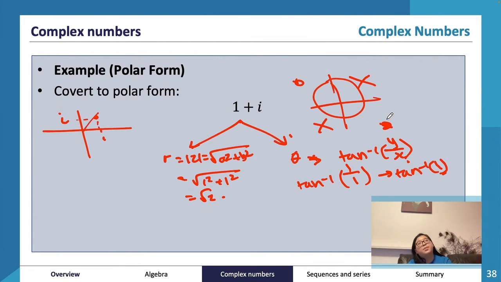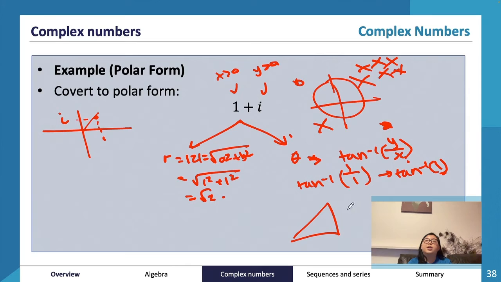So how would we predict this? We look back to the number we're trying to convert. It's 1 plus i, which means both are positive, so x is greater than 0 and y is greater than 0. That tells us it must be in this quadrant right here. So we use the first angle, and we think, when does tan equal 1? That's when we have the 1, 1, root 2, otherwise known as the pi on 4 triangle. So we know that theta will equal pi on 4.